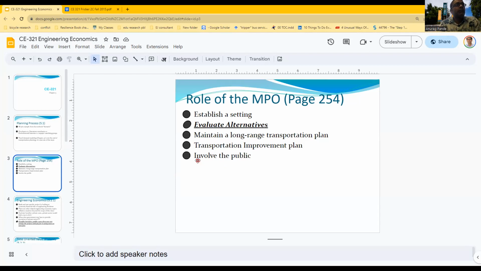They want the public to be involved in the decision-making process. So that's also the role of the MPO: before they dole out any funding, they better involve the public, because that might be a requirement for the funding they're getting. But I've highlighted the evaluation of alternatives because that's our focus in this chapter.